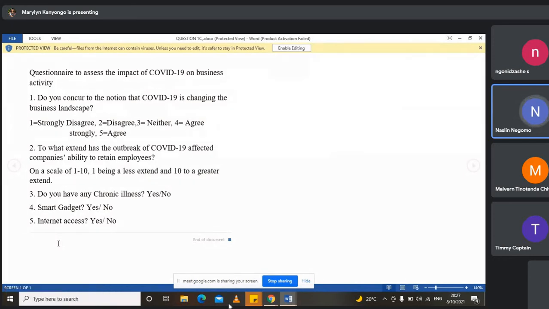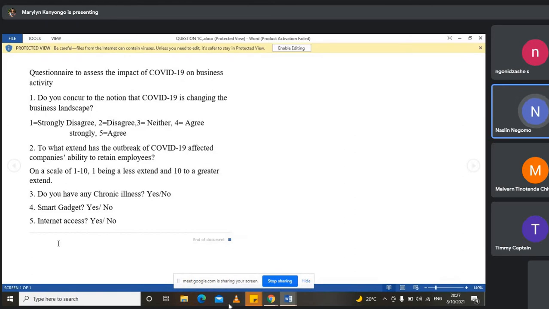We came up with that question because it is well known that people with chronic illness are highly susceptible to COVID, or the effects on these people are intense. So in order to do our retrenchment or our shutting down, we needed to know the person's status, so that the committee would decide on the best solution to our problem.